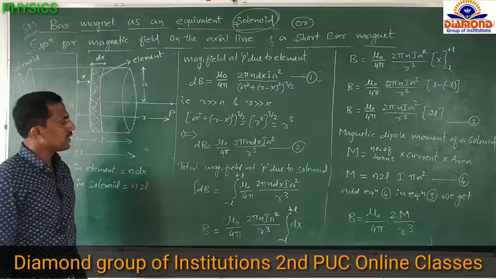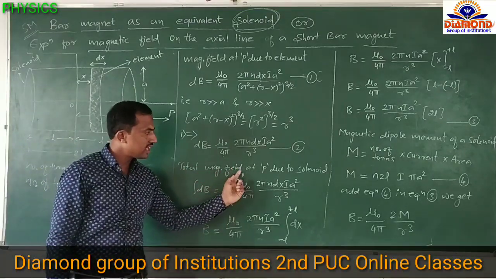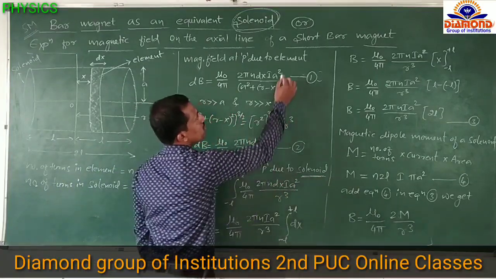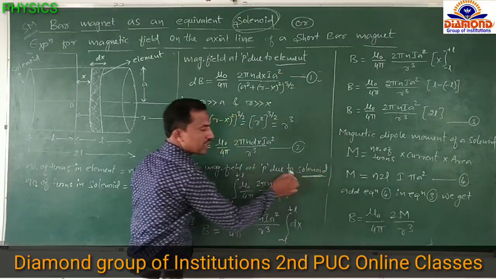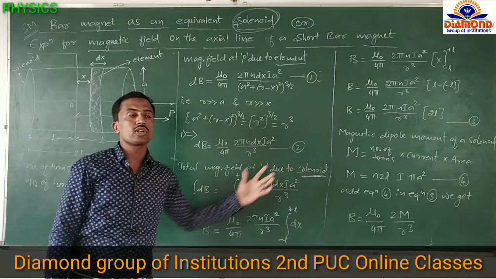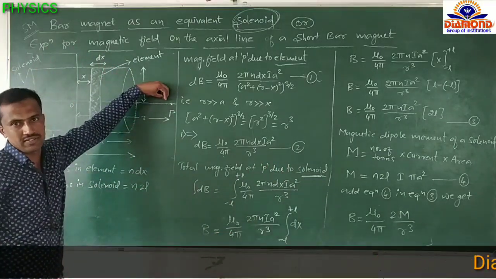Next we are calculating the total magnetic field at P due to the solenoid. First one is the element, second one is the solenoid. What is the magnetic field at P due to the solenoid? ये big solenoid की वजह से P पॉइंट पर कितना magnetic field?